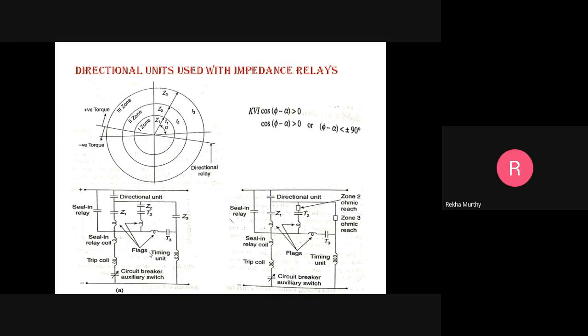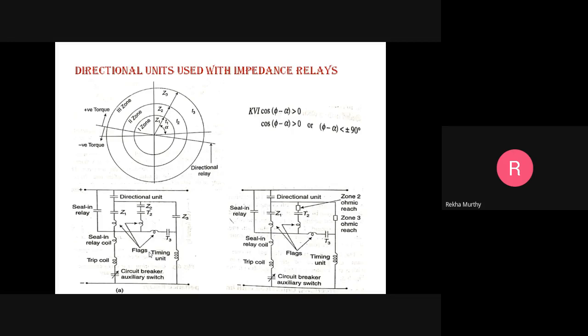Okay, so I would like to conclude here. We had discussed the directional earth fault relay and distance protection. In distance protection, we discussed the impedance relay, which is very important, its operating principle and characteristics, along with the RX diagrams.